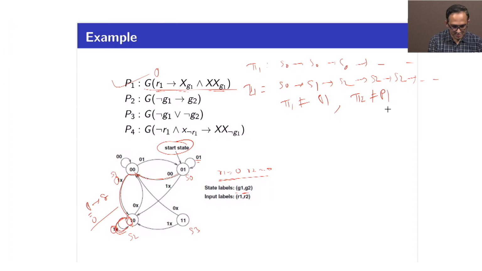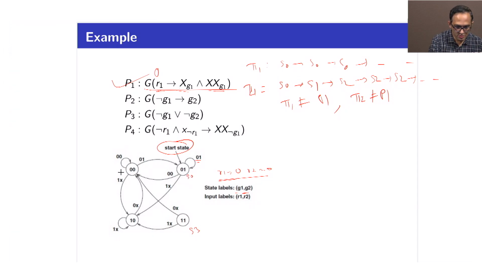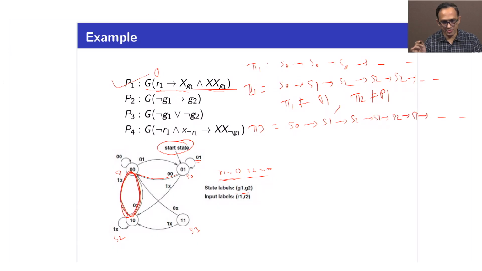Now, think about this path. Let me just remove this. So, let me take the next path, which is S0, S1, S2, S3. Let me take this path, and it rotates here, right. So, this is the infinite path. So, pi 3, which is S0, S1, S2, S1, S2, S1 and this will repeat.